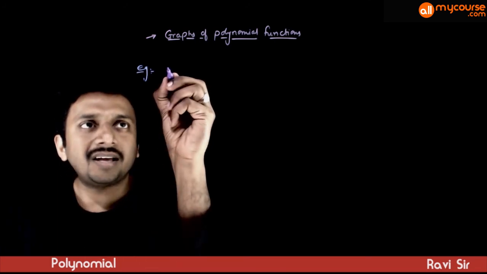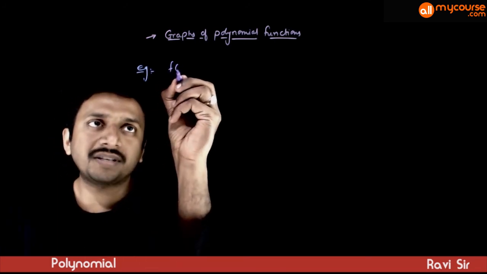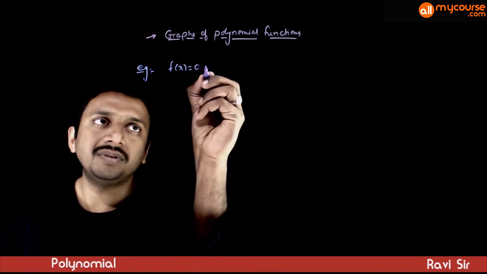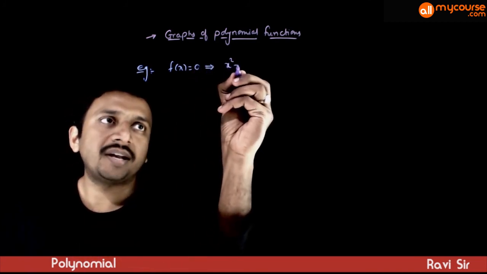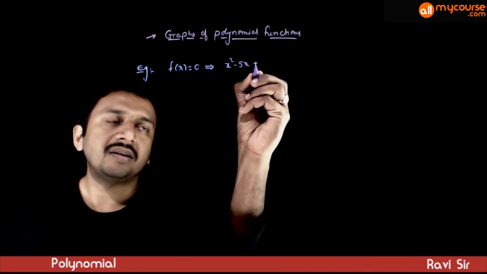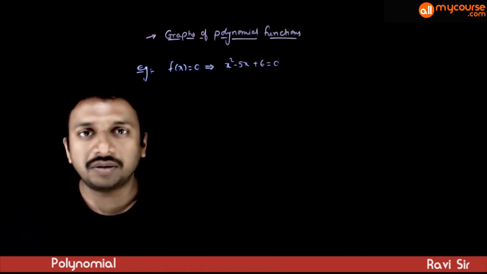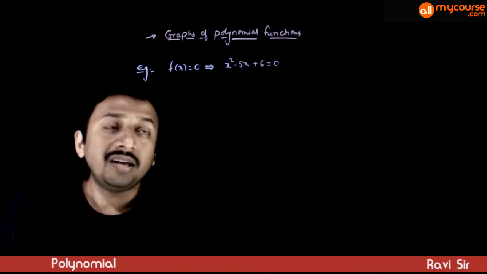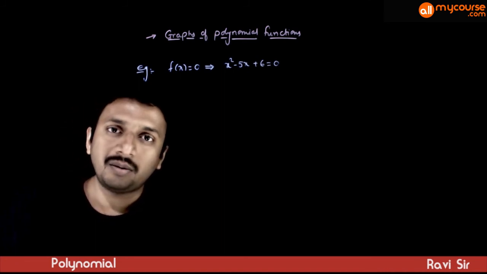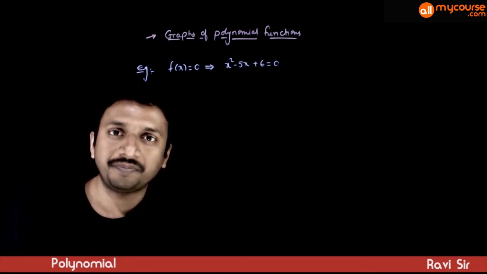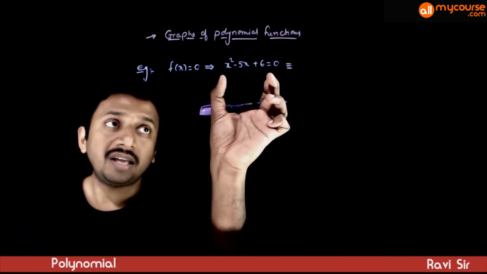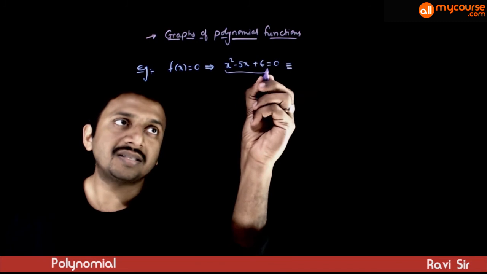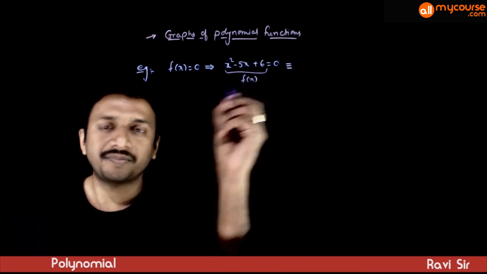Let us take a polynomial equation f of x is equal to 0, for example, x square minus 5x plus 6 is equal to 0. This is a quadratic polynomial equation.